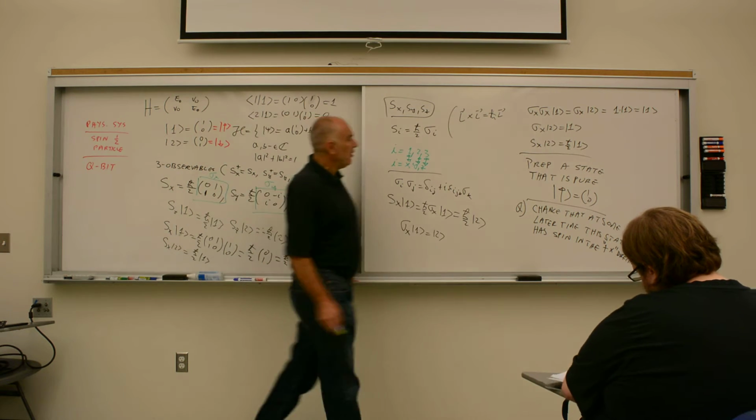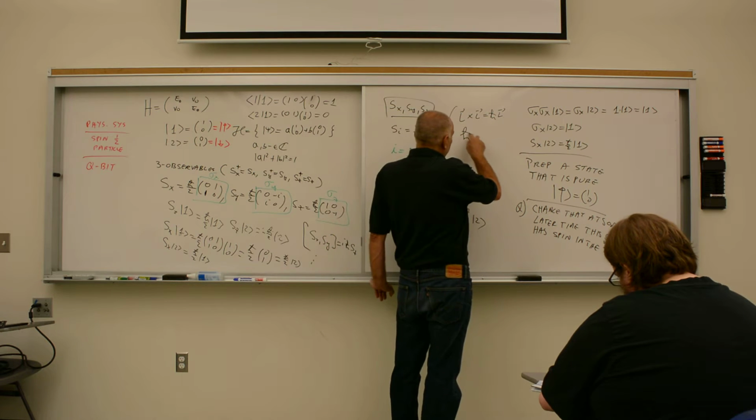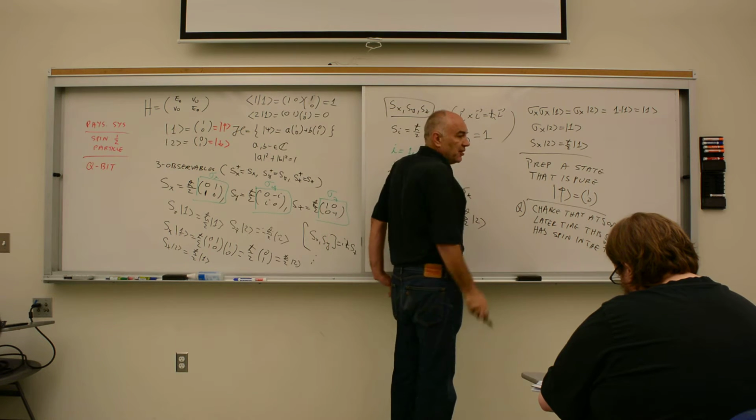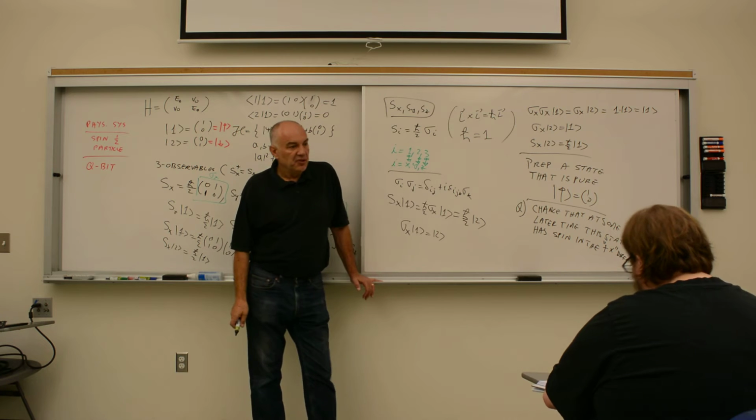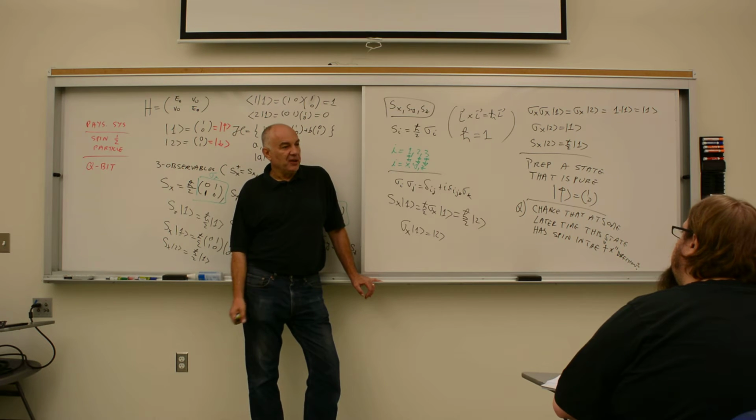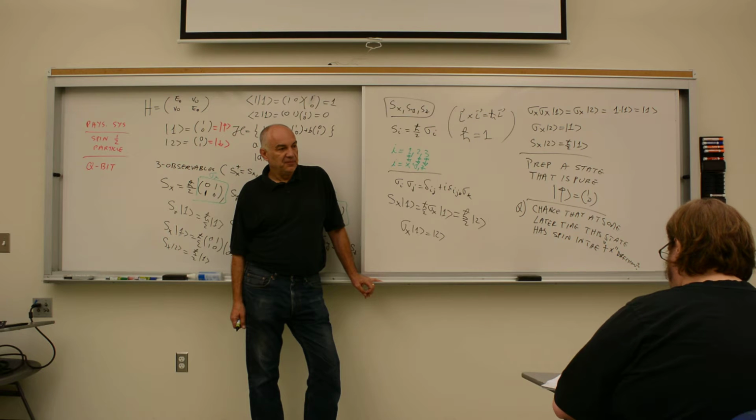Now, it is common in quantum mechanics to use units where h bar is 1. So if you use those units, then my formula is correct. So if h bar is 1, how much is h itself?